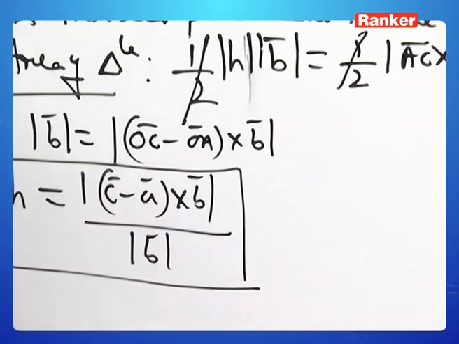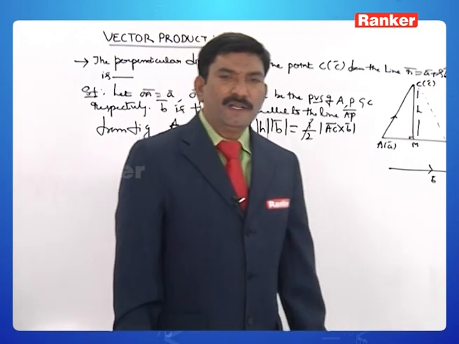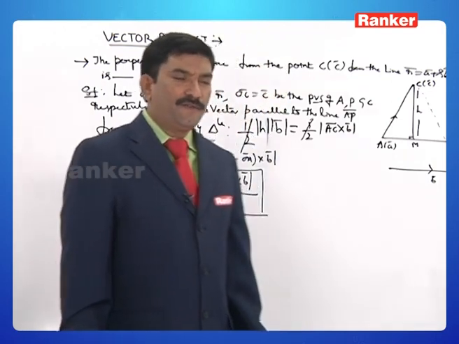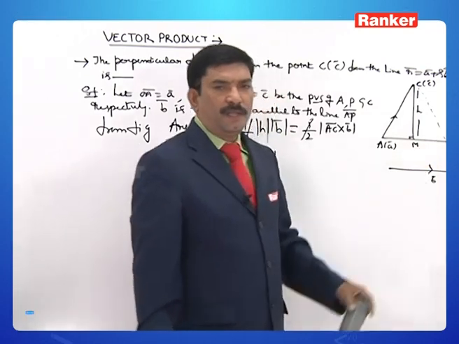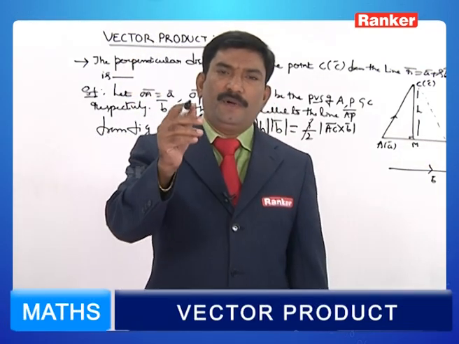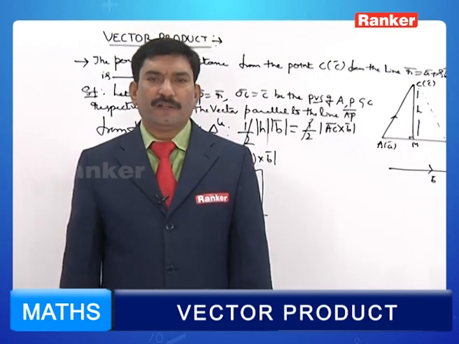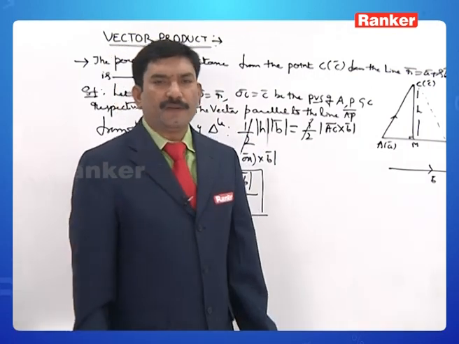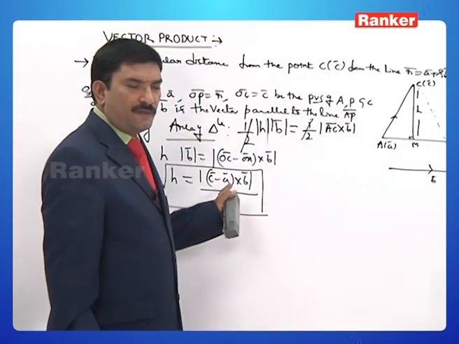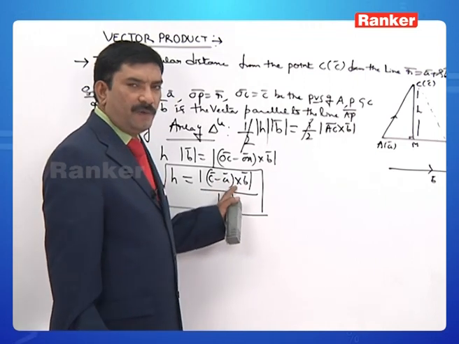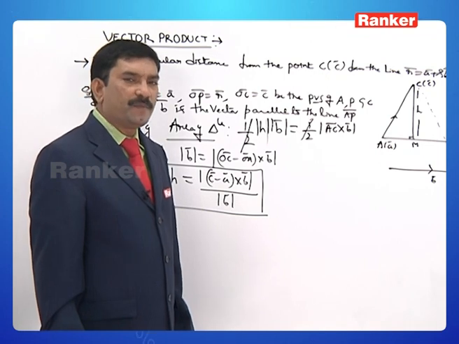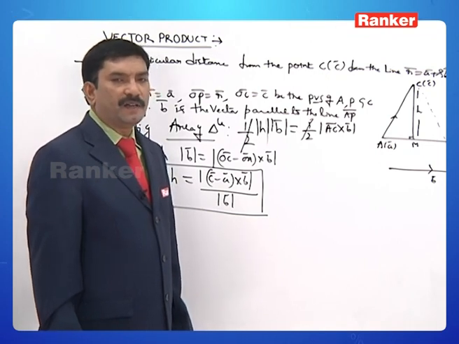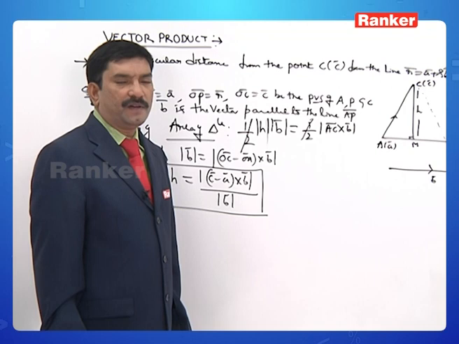This is called the perpendicular distance from the point C of C bar to the line passing through the point A bar and parallel to the vector B bar, given by modulus of C bar minus A bar cross B bar by modulus of B bar.